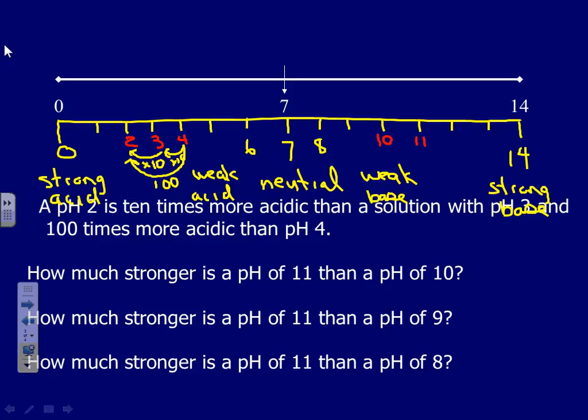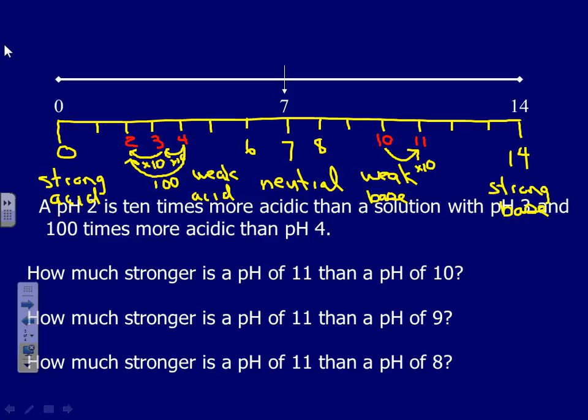Now, the issue with the way this question is worded has to do with what they mean by stronger, because I need to now head that way to make a stronger base. All right? So if I go this way, from 10 to 11, that's a 10 times stronger base. Does that make sense? We're now heading to base.